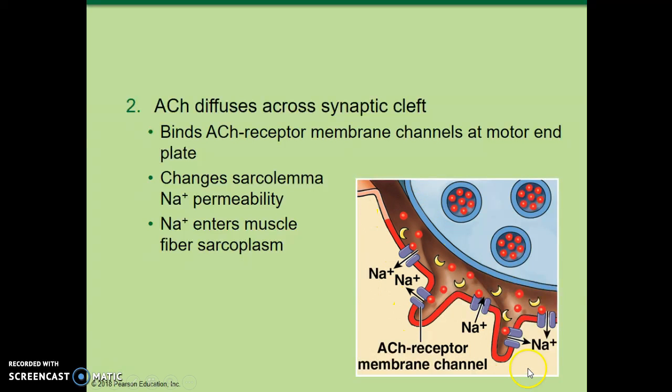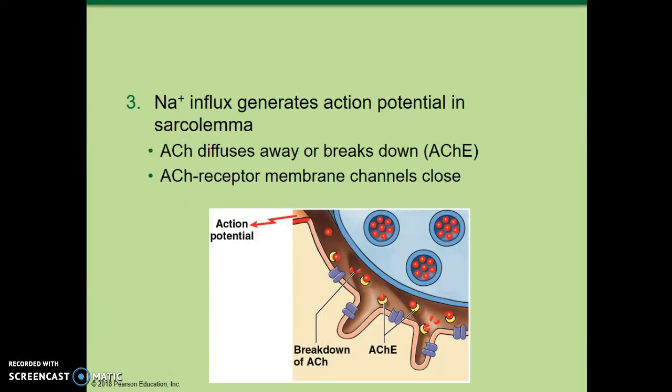Once the acetylcholine is bound to the receptor, the sarcolemma, which remember is the muscle fiber membrane, changes its sodium permeability and sodium rushes into the muscle fiber. When the sodium rushes in, it generates an action potential in the sarcolemma.